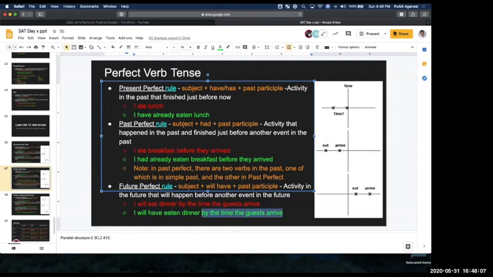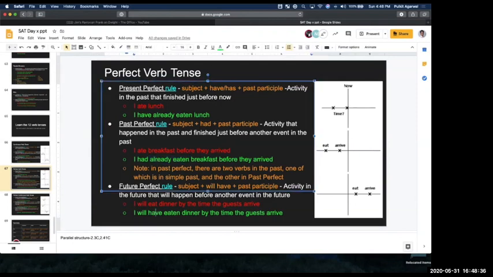Notice in the past perfect that there are two verbs in the past, one of which is simple past and the other is past perfect. So I had already eaten is past perfect, before they arrived. Arrived is simple past.